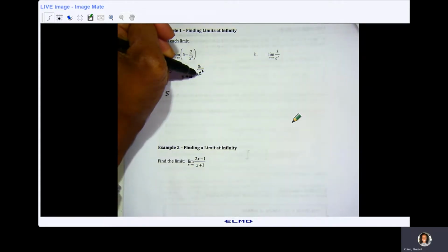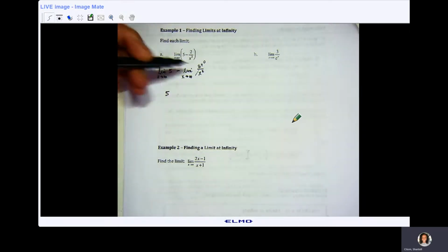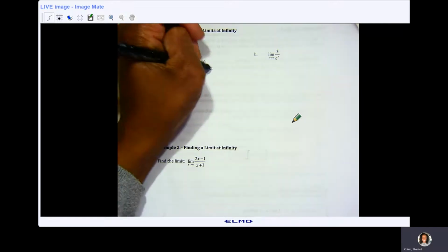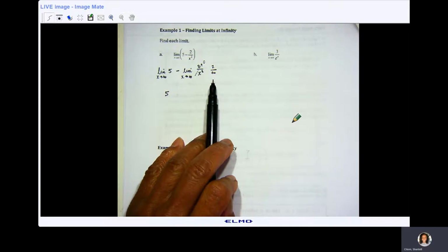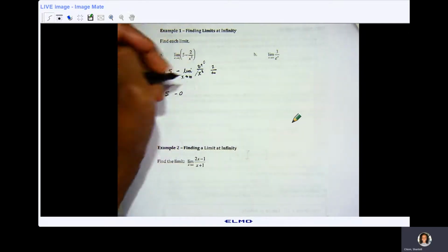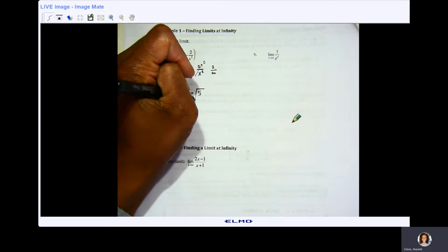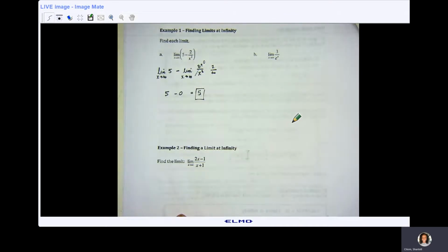Well, the limit of a constant is always that constant. Now here, as the denominator gets bigger, placing numbers approaching infinity in the denominator, this is going to approach 0. You're dividing a much smaller number by a much larger number. This heads towards 0. So 5 minus 0 is just 5.